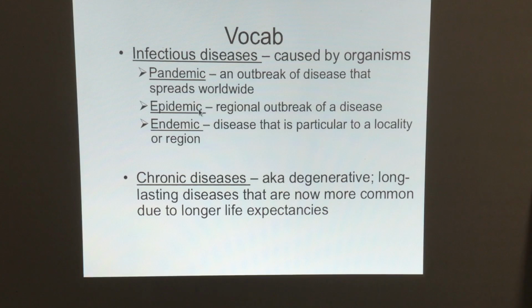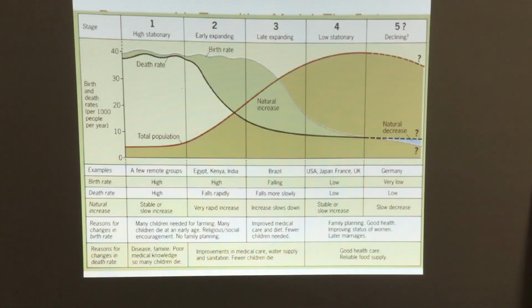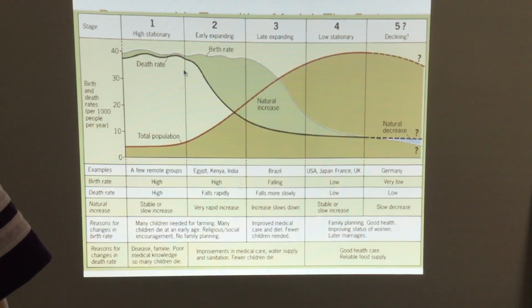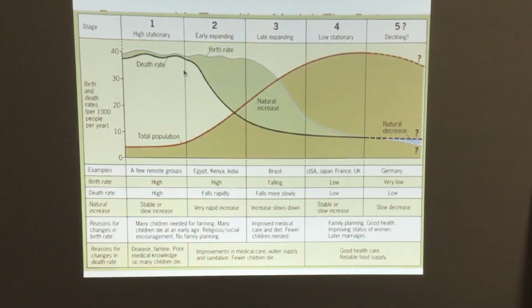The thing about the epidemiologic transition is that it looks specifically at the death rate, the black line on here, and tells you what the causes of the death rate are. In the early stages, the death rate is because of infectious diseases, because these are places that lack vaccines or proper sanitation, clean water, that kind of thing.